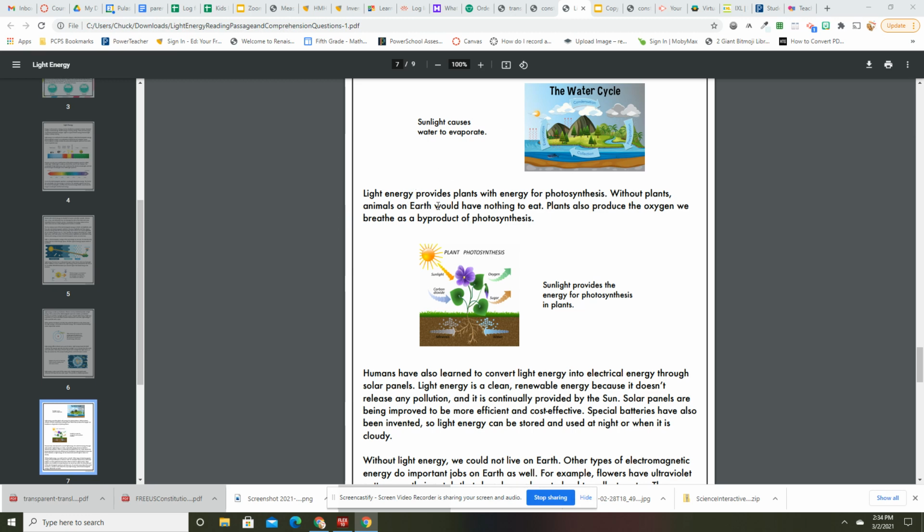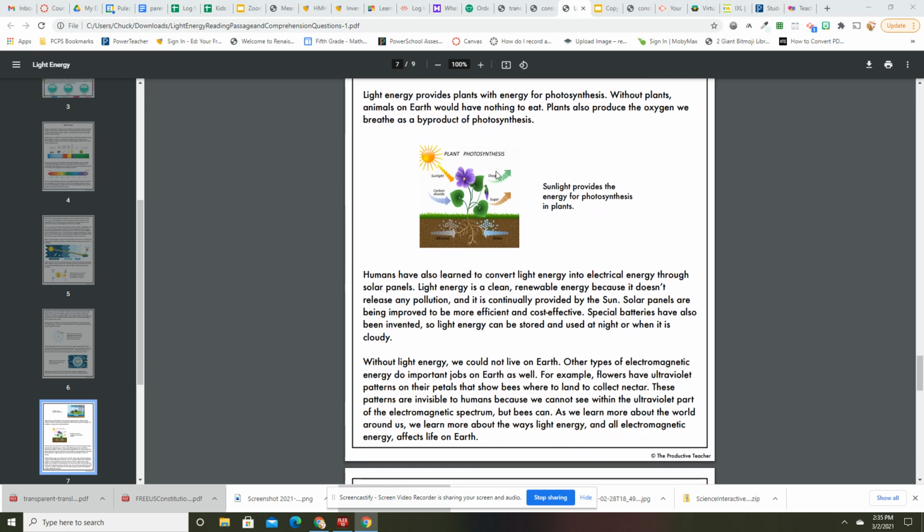Light energy provides plants with energy for photosynthesis. Without plants, animals on Earth would have nothing to eat. Plants also produce the oxygen we breathe as a byproduct of photosynthesis. So we talked about photosynthesis before.